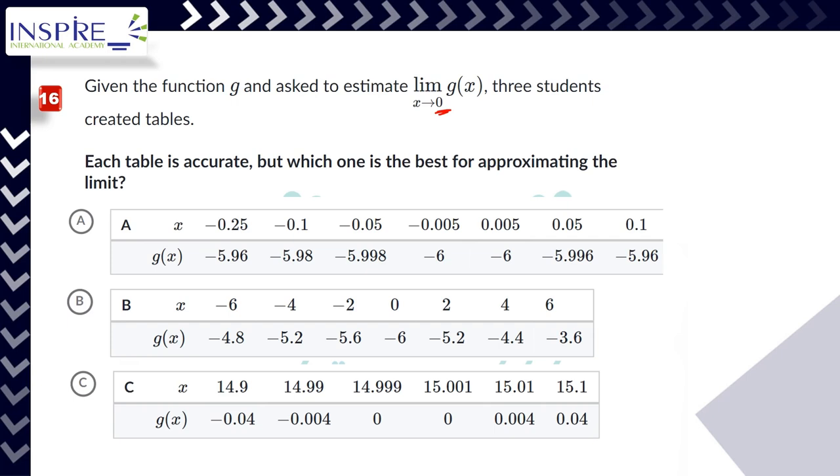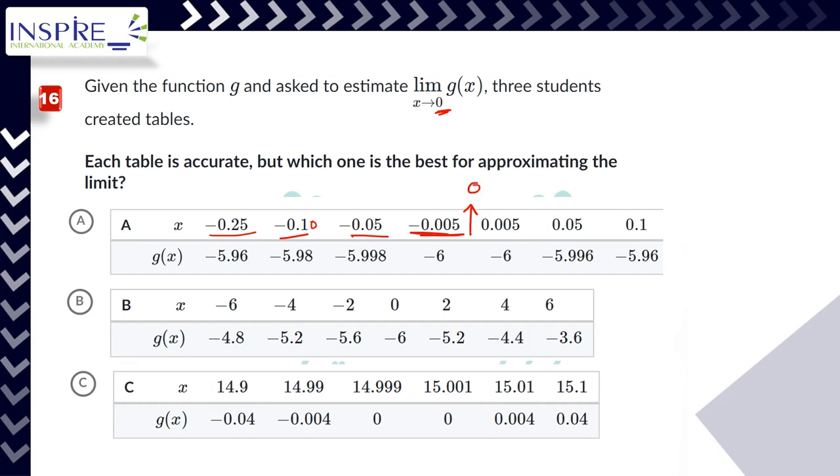from the left side. Okay, let's check the first table. -0.25, it's close to 0. This is a good choice from the beginning. -0.1, getting closer to 0. Okay, -0.05, getting closer. -0.005, getting very close to number 0, and then 0.005.